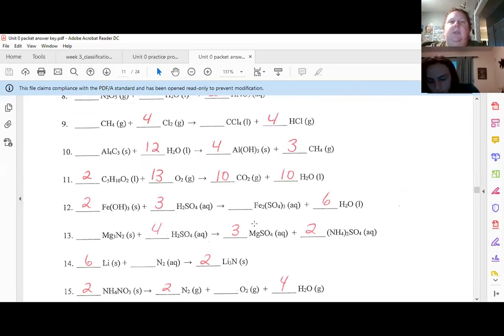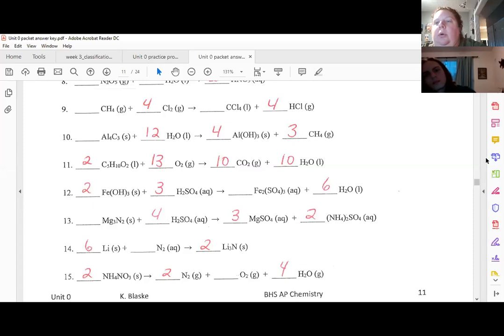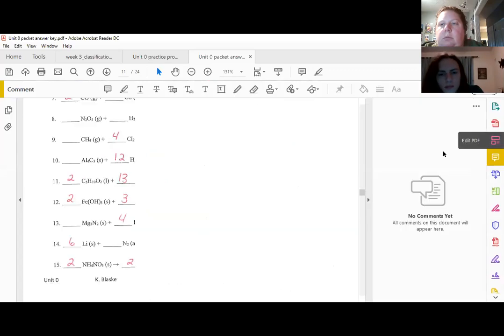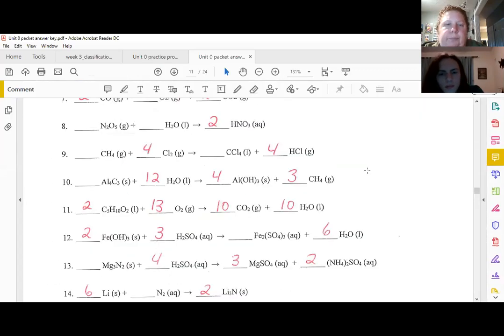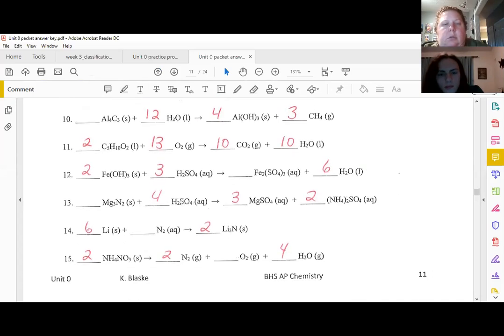So in this case, the sulfate is showing up in multiple compounds at once, right? I got one sulfate on my reactant side in the H2SO4. And I've got sulfate in magnesium sulfate and an ammonium sulfate.